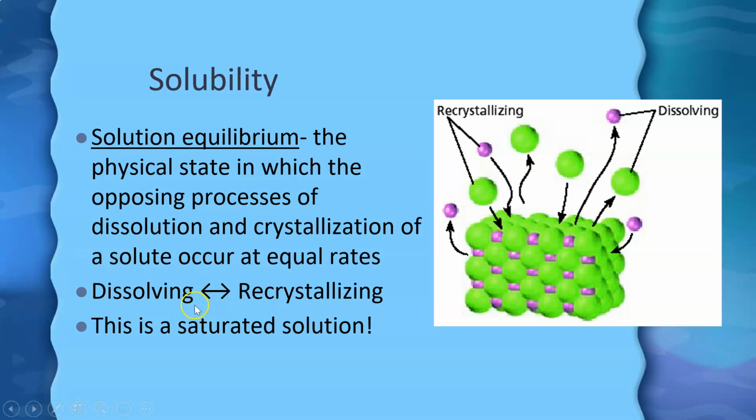So we actually denote that by using a double-sided arrow like you'll see here. The dissolving is happening at the same time and the same speed as the recrystallizing. And so there's no real net change, because if a pair of ions dissolves, another pair of ions just crystallizes back on. That's why a saturated solution is one single solitary value at a given temperature. When we're at that point, we stay at a constant concentration.